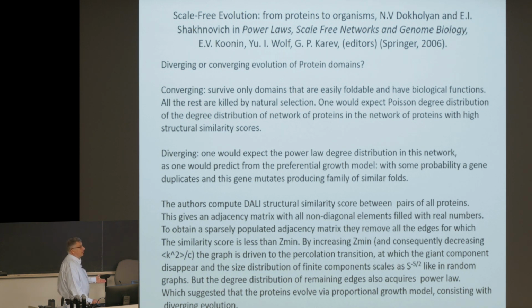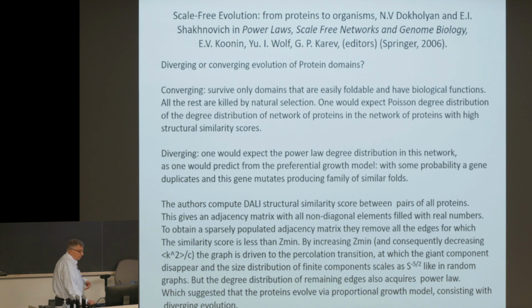So in this case, you would expect that the distribution of these different folds will be a Poisson distribution with some fixed value, and the degree distribution of these links between similar proteins will also be described by Poisson.